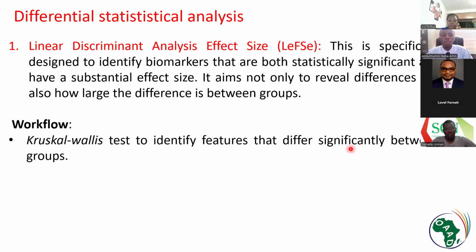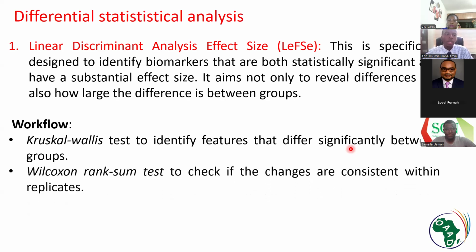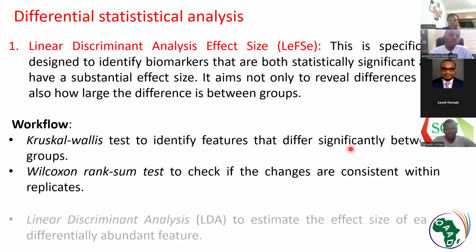Kruskal-Wallis is a non-parametric test, which is well suited for non-parametric datasets like the microbiome dataset. The Wilcoxon rank sum test is also performed. This one checks if the changes are consistent within the replicates. It is actually optional, but it is performed to check whether these changes are consistent across all replicates.